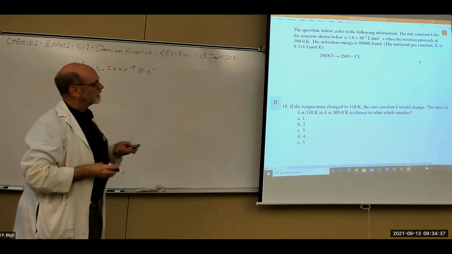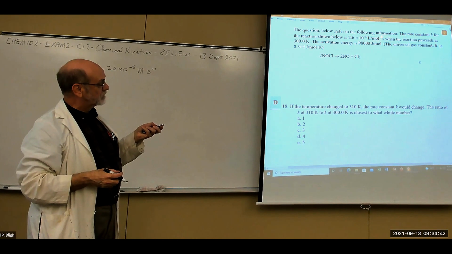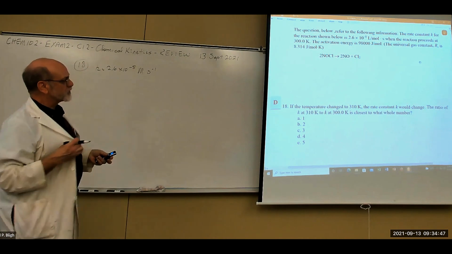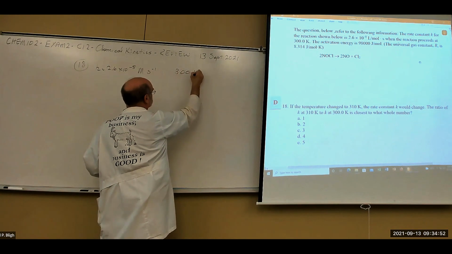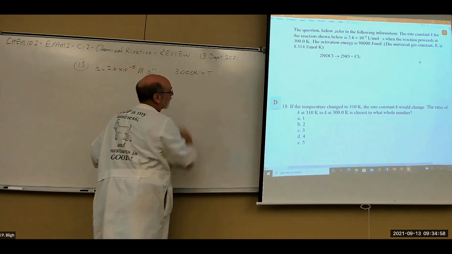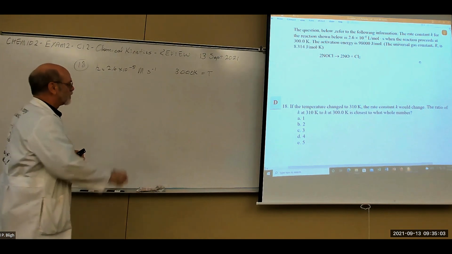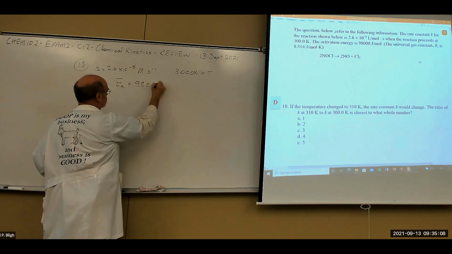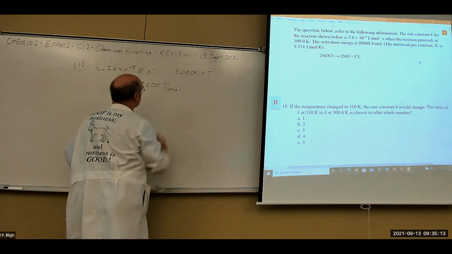Like that. Because this second is in the denominator, we left it alone and we put this as molarity. When the reaction proceeds at 300, the temperature here is 300 K. The activation energy is 98,000 joules per mole. So the energy of activation is 98,000 joules per mole.